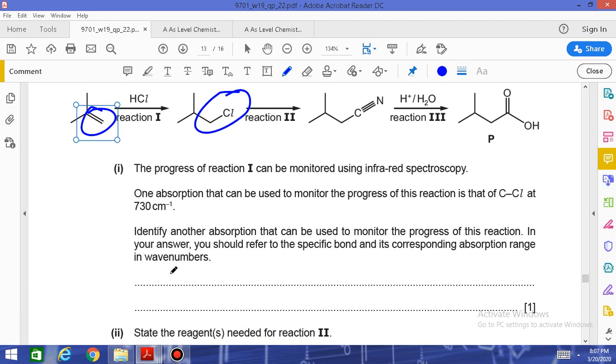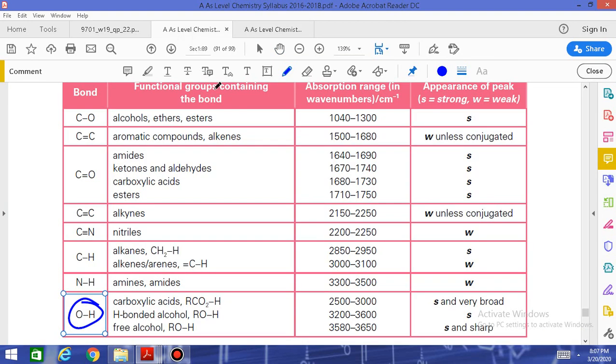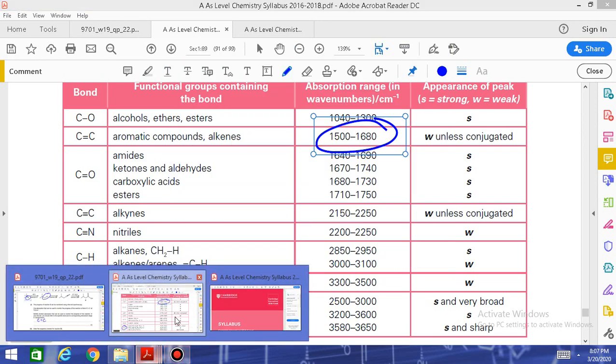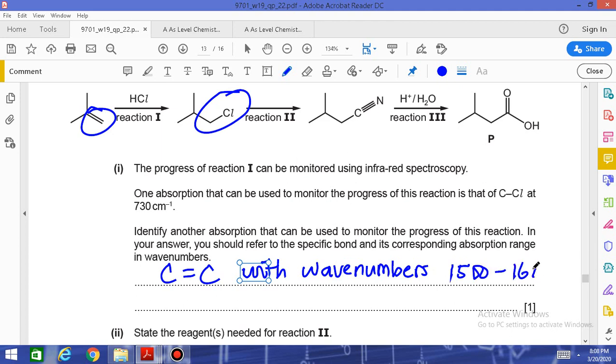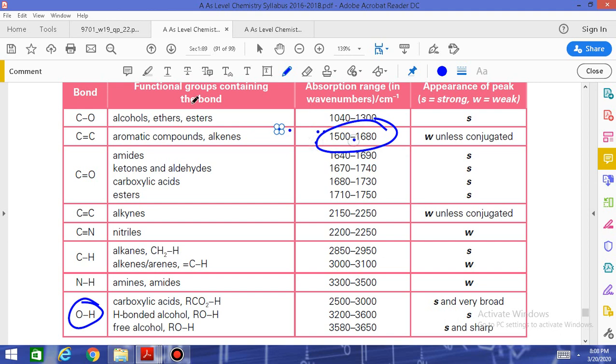So the answer is the C double bond C bond, with wave numbers in this range. Okay, let's check again. Okay, this one.